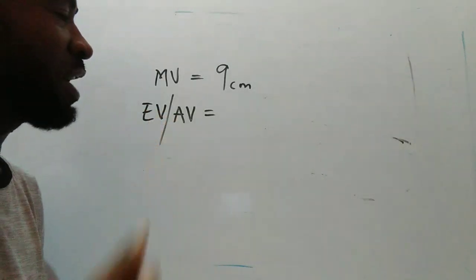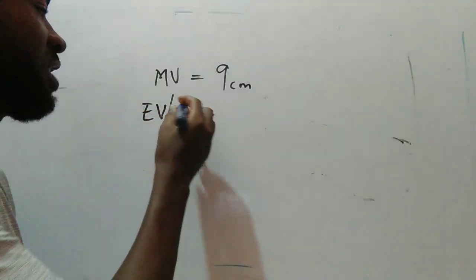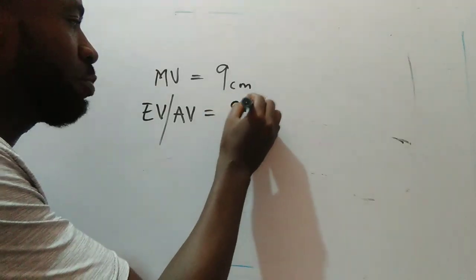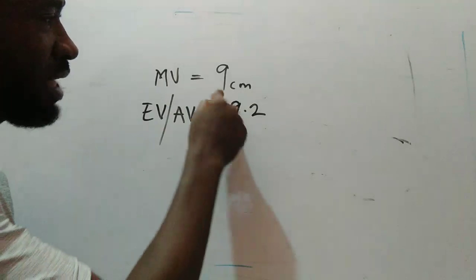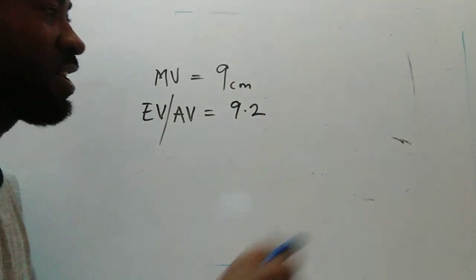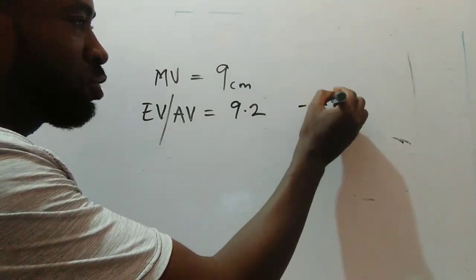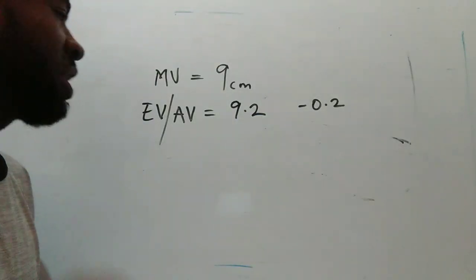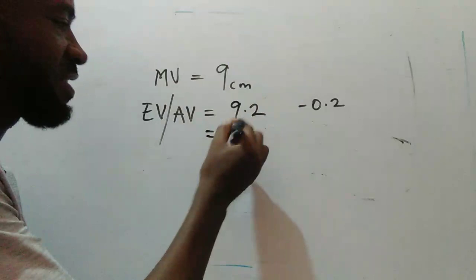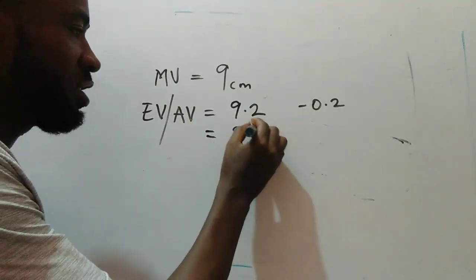So let's assume that maybe the exact value is 9.2. What does that mean? It simply means that my measurement is 0.2 less than the exact value. But let's assume now that maybe the exact value is 8.8.